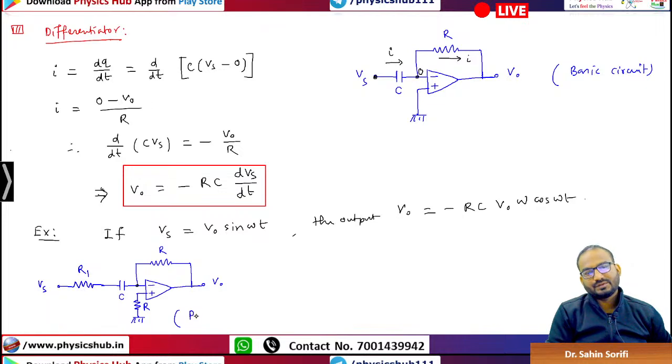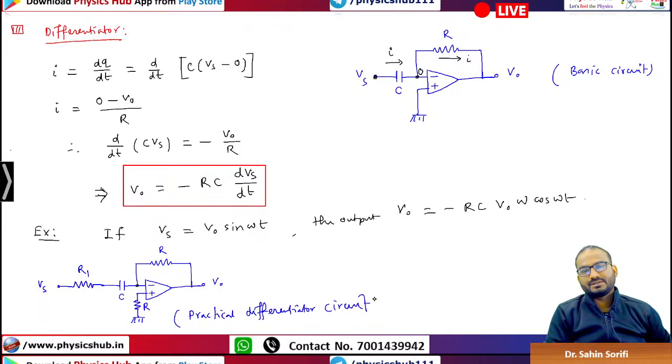So this is the practical differentiator circuit.